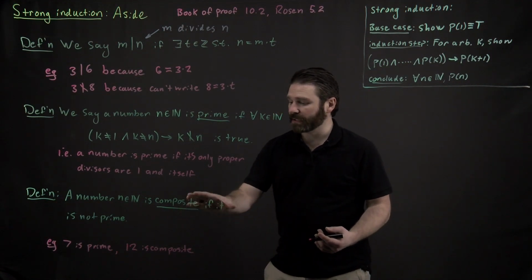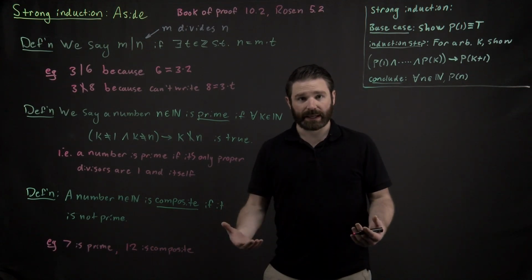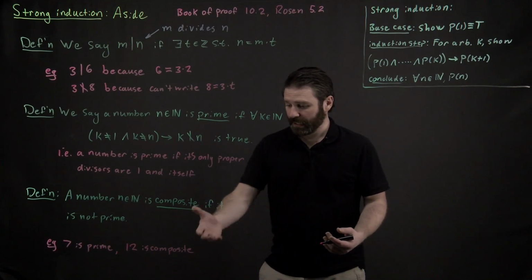So one important thing to note about composite numbers is they have a really nice property. And that particular property is the following.